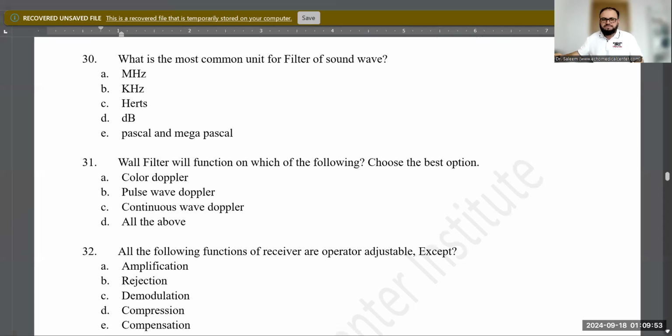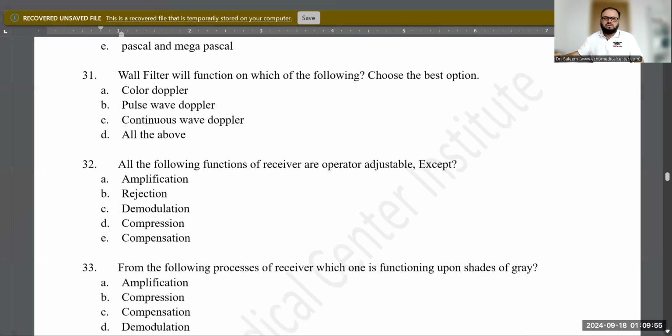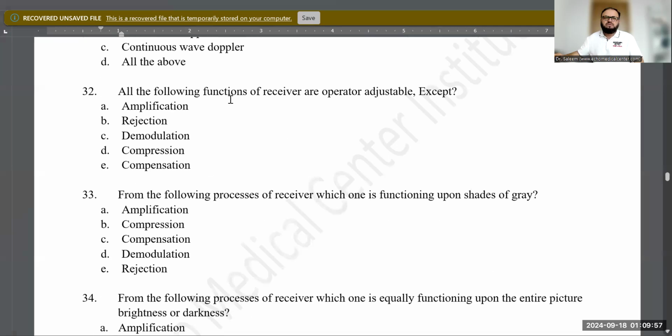Okay, next question. So the question is, all of the following functions of the receiver are operator adjustable except. So the question is asking, most of these options are adjustable by the operator, me and you who perform the study. But there is one which is not in our control. We cannot do that. So what do you think?